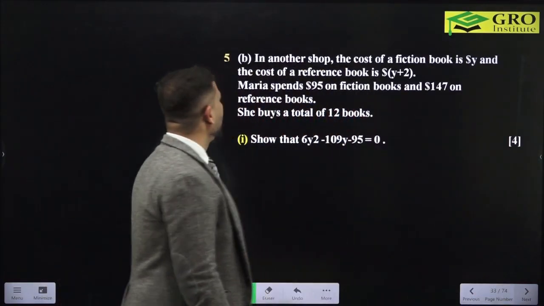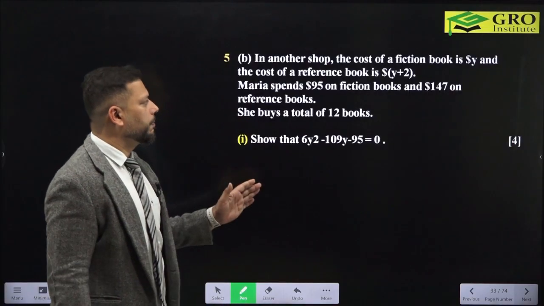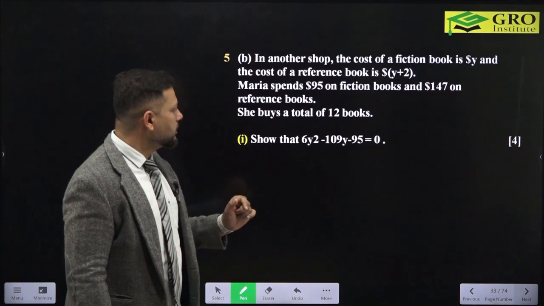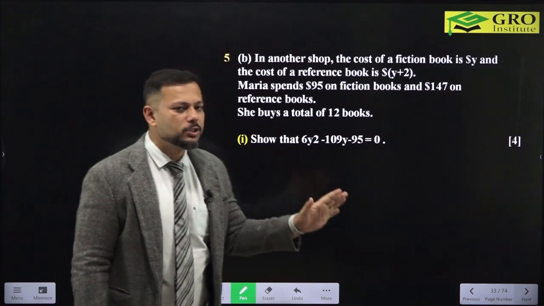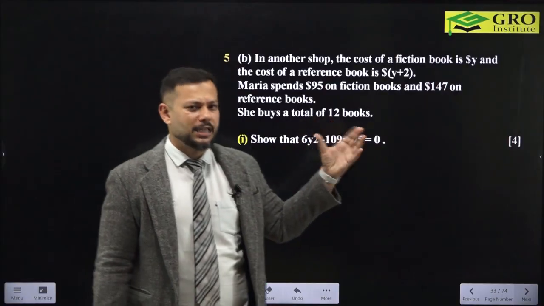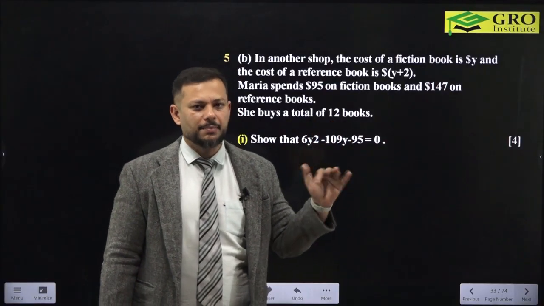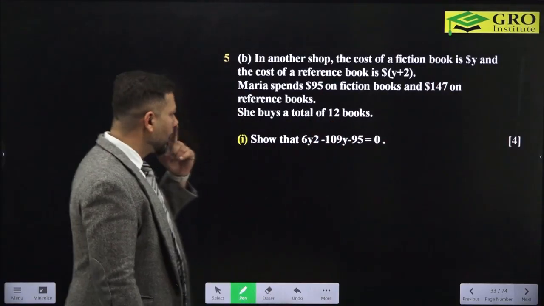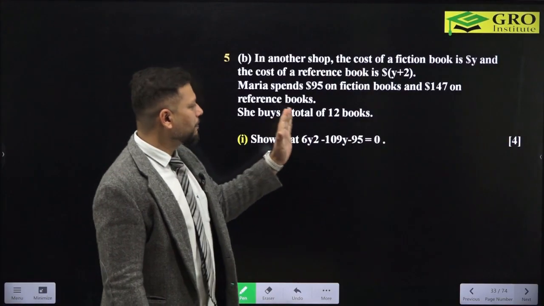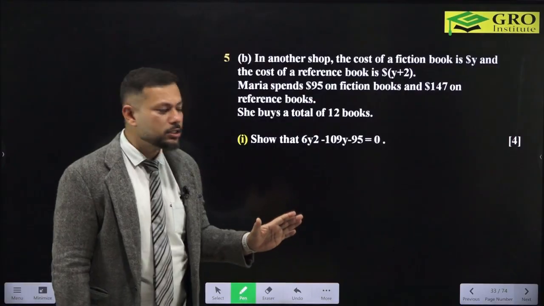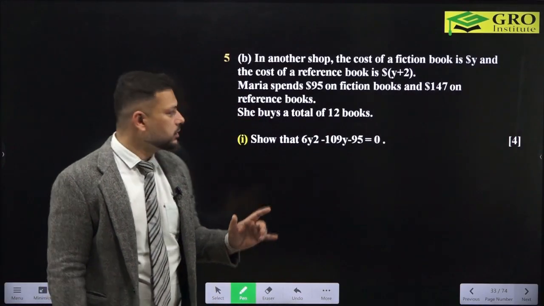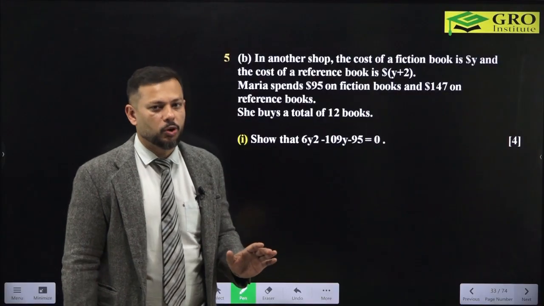Question 5 part B. In another shop, the cost of a fiction book is y dollars and the cost of a reference book is y plus $2. Again, it's kind of the same condition, but here now the variable is changed from x to y. But now look at the condition given to us. Maria spends $95 on fiction books and $147 on reference books.